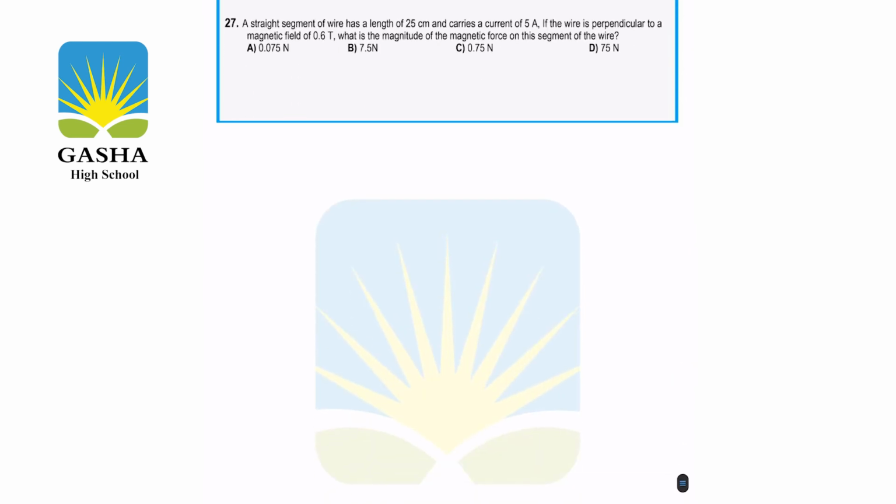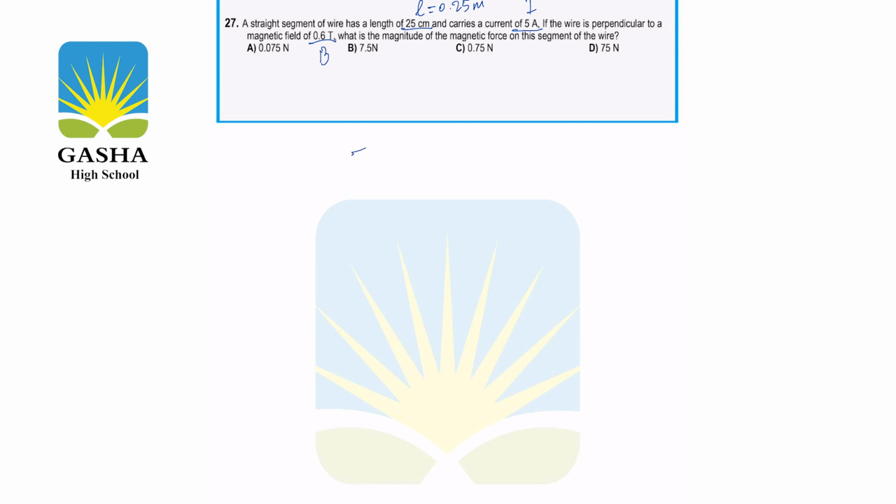Question 27. Here we have a straight segment of wire of length 25 centimeter, and that's 0.25 meter. We have to divide it by 100 in order to convert it to meter. It carries a current of 5 ampere. If the wire is perpendicular to the magnetic field of 0.6 Tesla, what is the magnitude of the magnetic force on this segment of the wire?